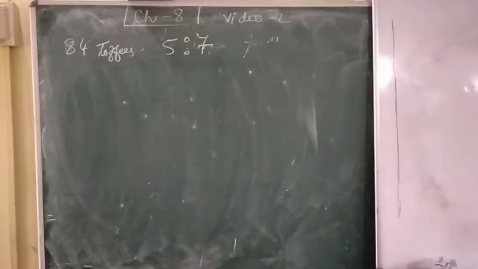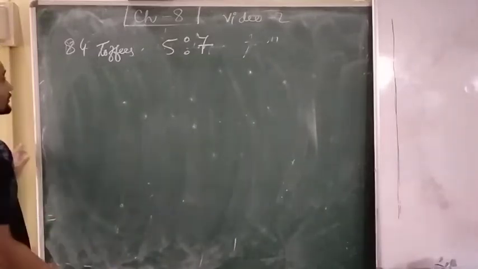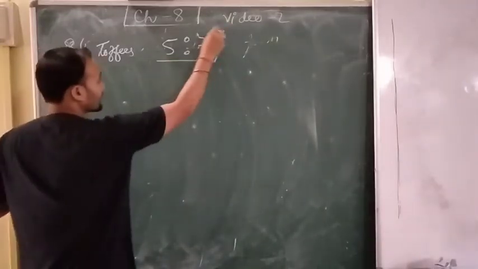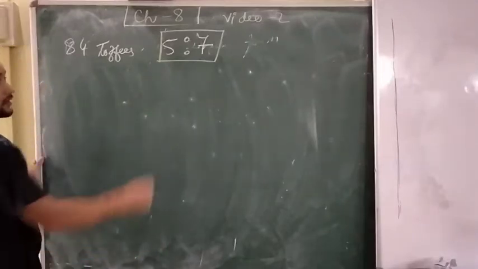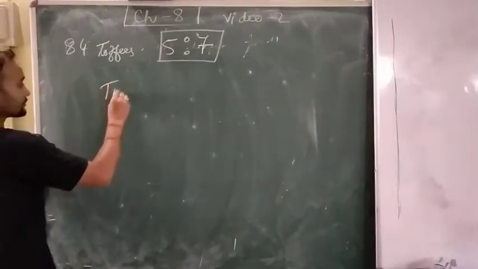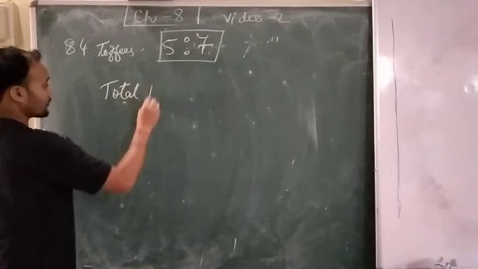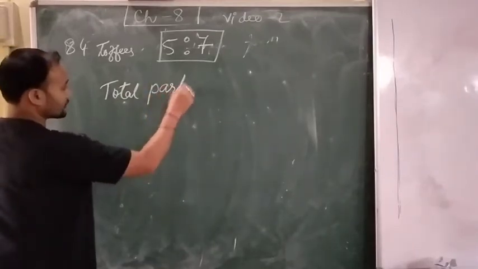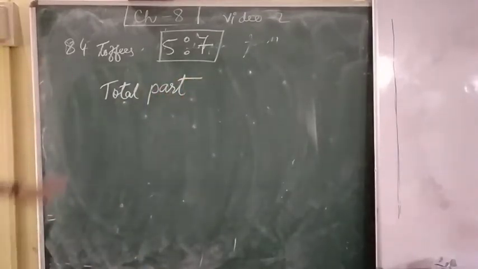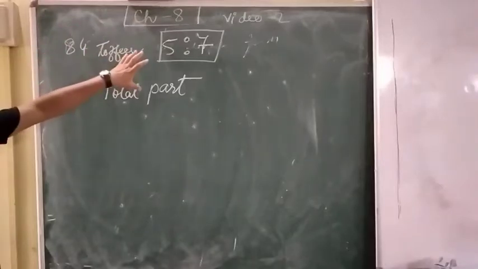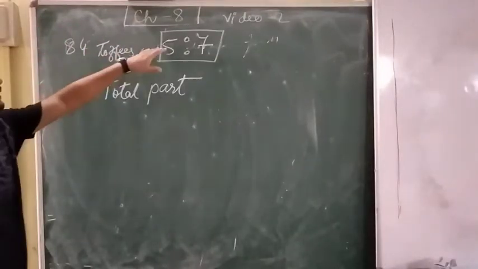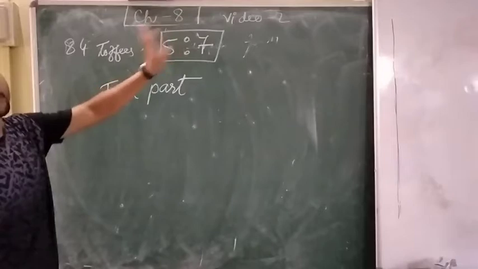Fine. Now, in order to do this, how are we going to do it? Now see, total parts. Now see, 5 and 7. Total part. 84 has to be split into total parts, and that total part can be attained by adding the two terms of the given ratio.